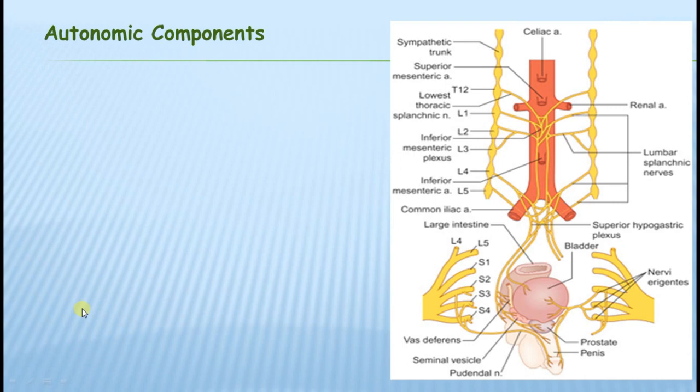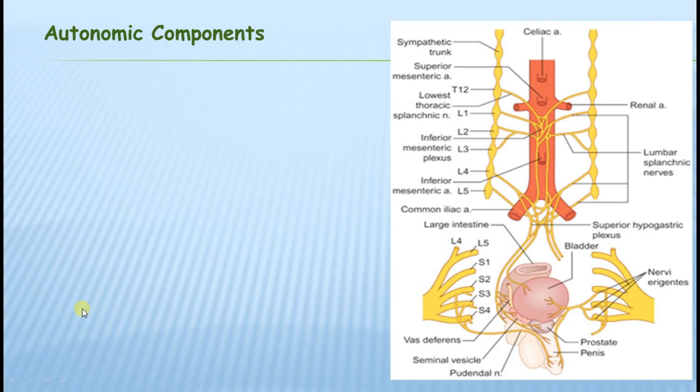So we have seen almost all the somatic nerves so far, the branches from the sacral plexus and also the branches from the coccygeal plexus. The sacral plexus branches can be divided into 5 branches which supply the pelvis, and the remaining 7 branches which supply the lower limb and other surrounding regions.